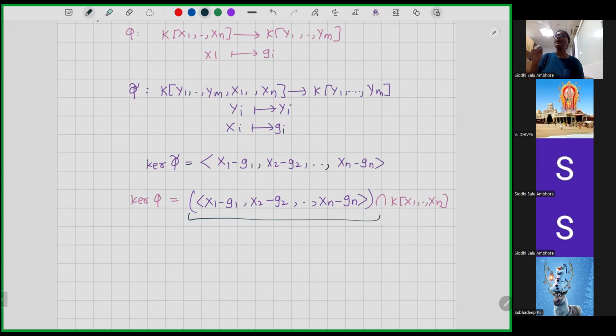If I have a map going from k[x, y] to k[t], such that x goes to t power a, y goes to t power b, then the kernel of this map is generated by x power b by GCD of a and b minus y power a by GCD of a and b. And when the GCD is 1, then it becomes x power b minus y power a. Otherwise, this expression gives us the kernel of that map. Yes, it is correct. Thank you.